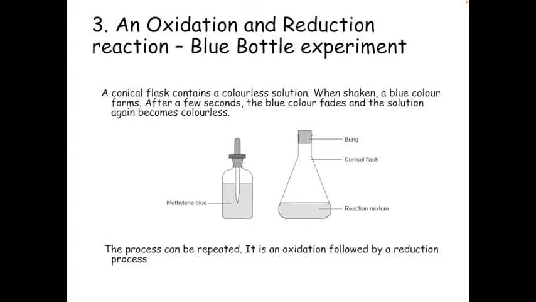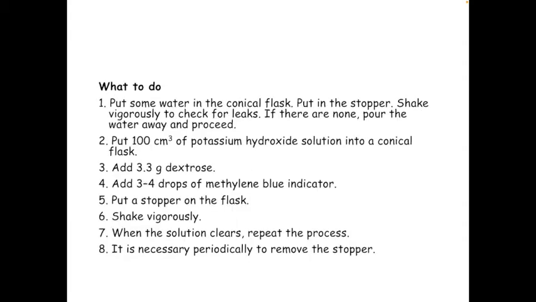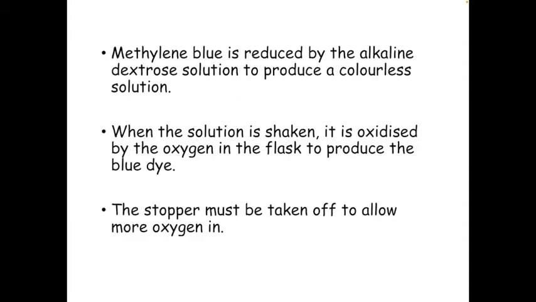We're going to look at the blue bottle experiment, and you're going to see this. Basically it's methylene blue, which is a kind of dye, and we can add in some sugar along with some potassium hydroxide, and you'll see that what happens is the methylene blue is reduced by the alkaline dextrose solution, so that's a sugar solution, and it produces a colourless solution.